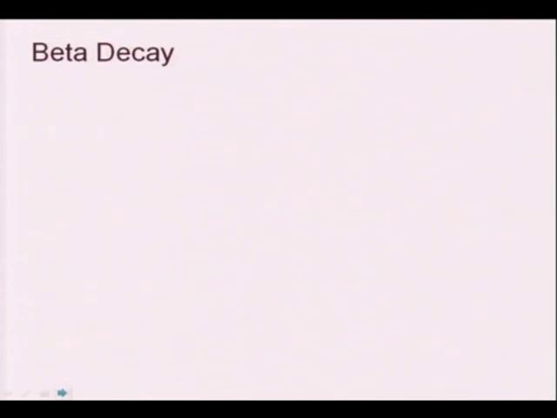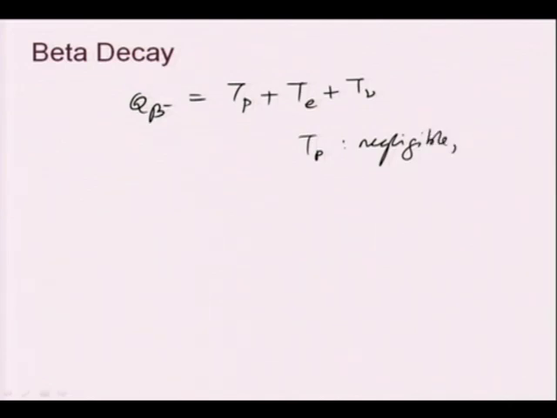All right. So, now let me write Q beta minus as kinetic energies. I said it is equal to T_p plus T_e plus T_nu, and T_p is negligible as M_y is much larger than M_e, and that tells me that Q beta minus is equal to T_e minus plus T_nu.